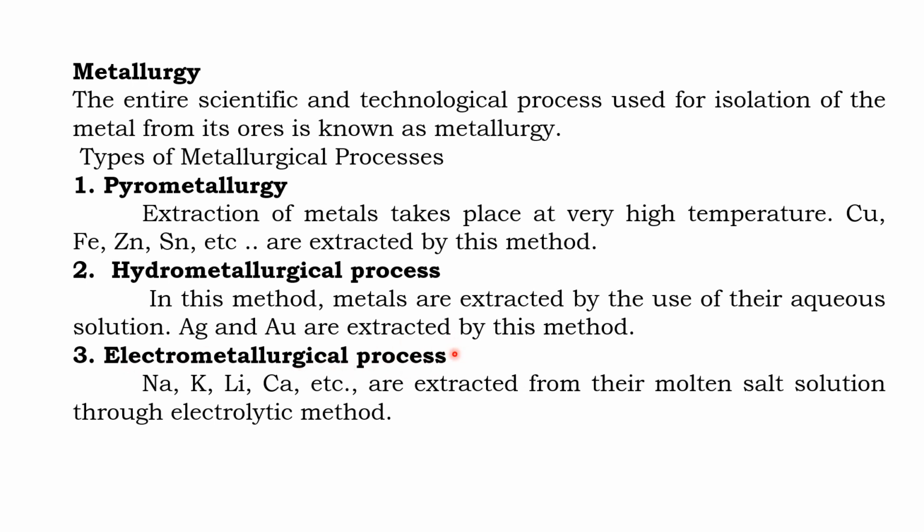Metals like sodium, potassium, lithium, calcium, alkali and alkaline earth metals are usually extracted from their molten salt solution by electrolytic process. So these are the three processes used for metallurgy: pyrometallurgy, hydrometallurgy and electrometallurgy.